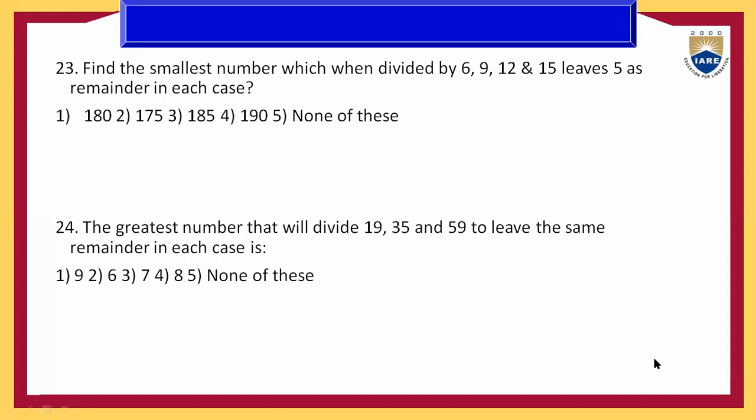So now here, time and work. In this time and work, you see the first model type question: 56 men complete a piece of work in 24 days. Okay, ma, I will try to change.